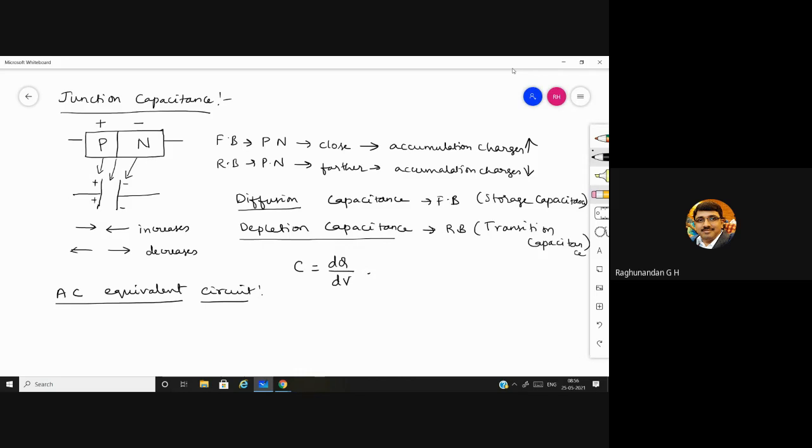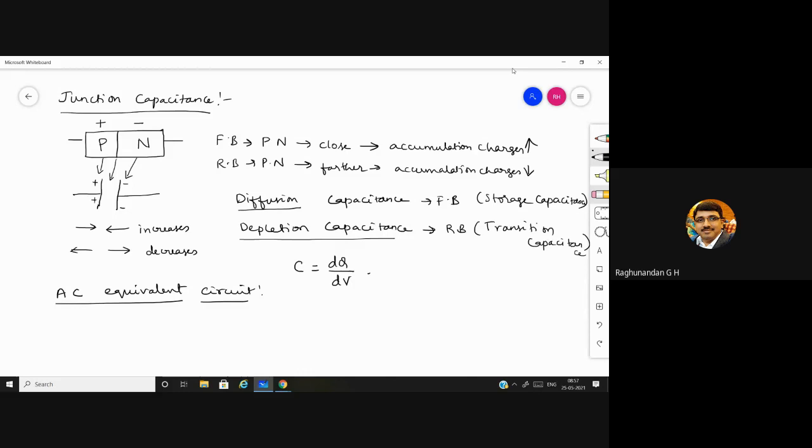Can I know why? Why? Capacitor blocks DC. Yes, very good. So capacitor is going to block DC and allow AC. It offers highest resistance for DC and lowest resistance for AC.